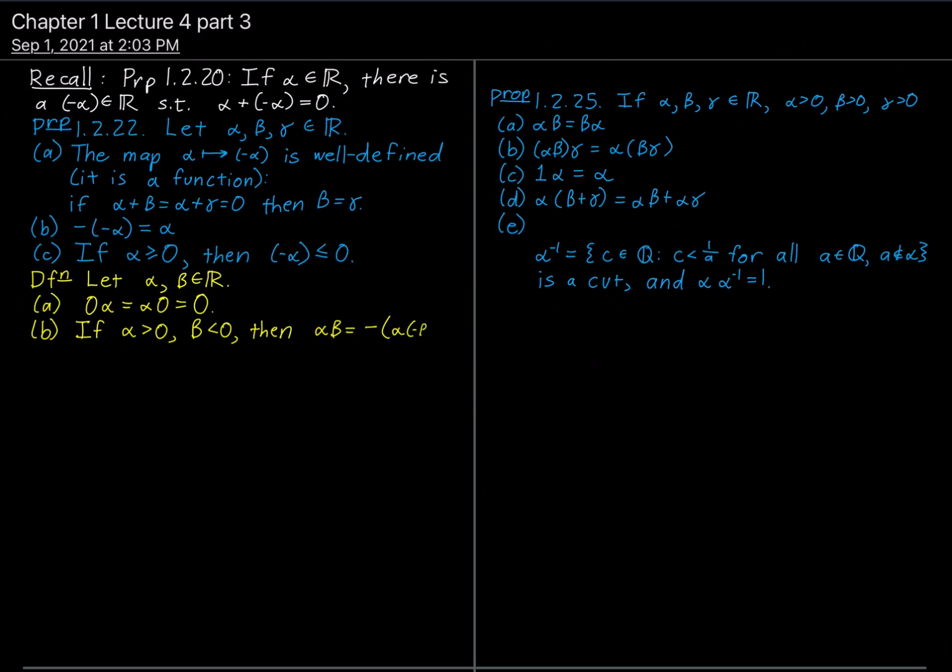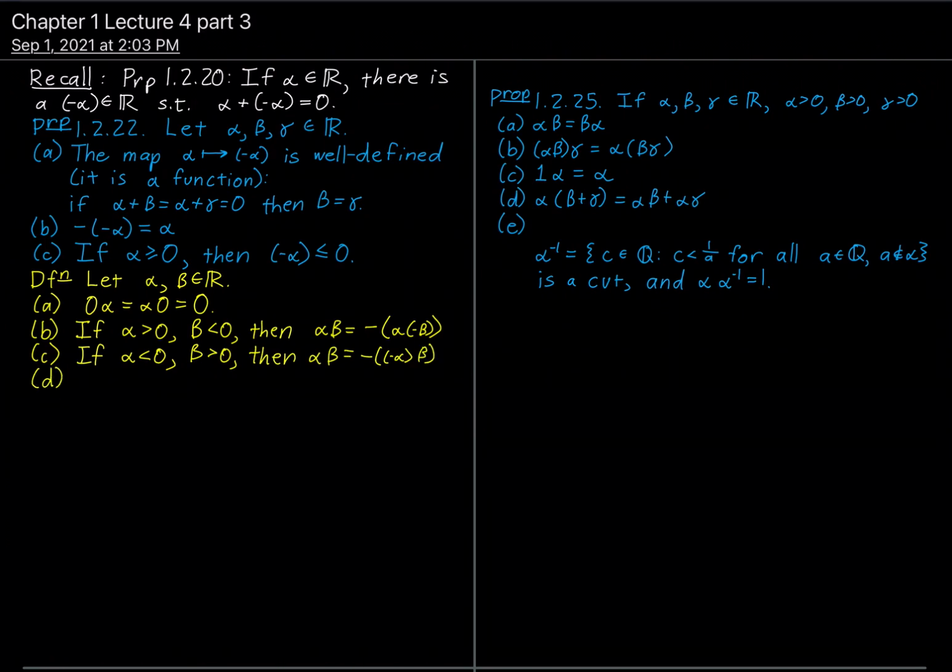You take alpha, and negative beta is indeed positive, so alpha beta is minus alpha times minus beta. The right-hand side is well defined, so that's how we know what the left-hand side is. Similarly, if alpha is negative and beta is positive, then we define alpha beta to be minus of minus alpha times beta.